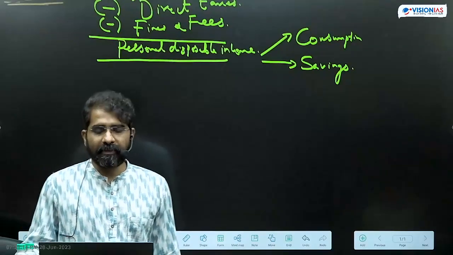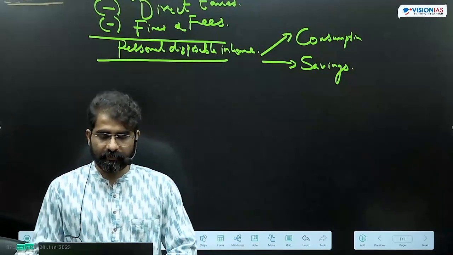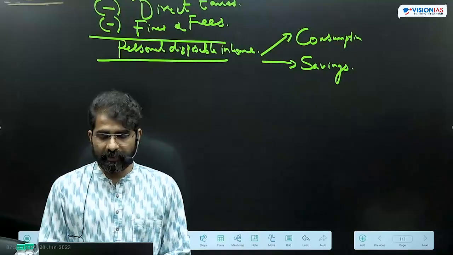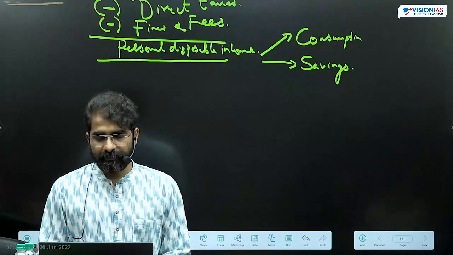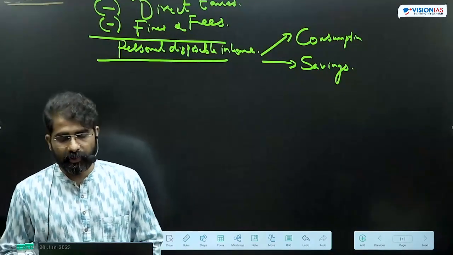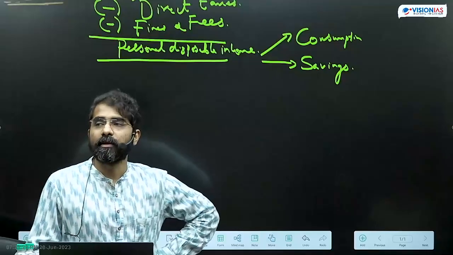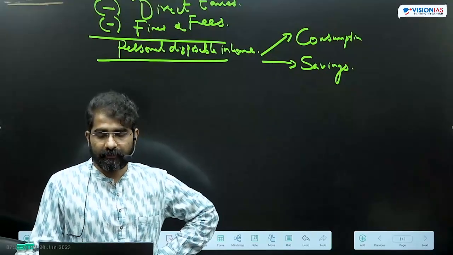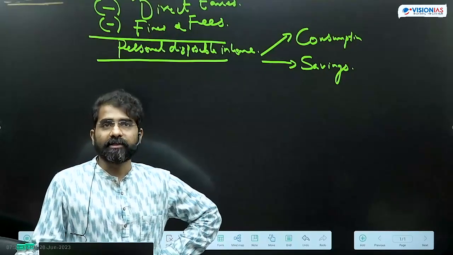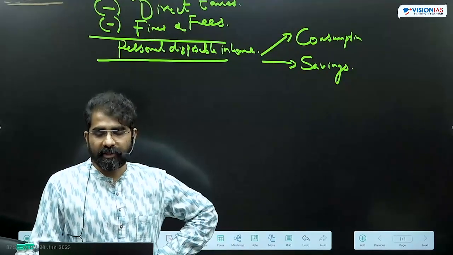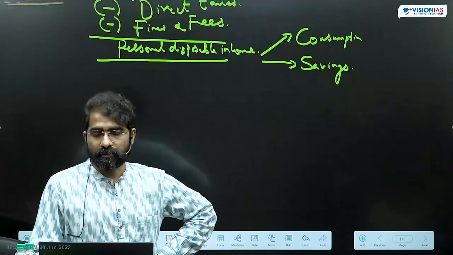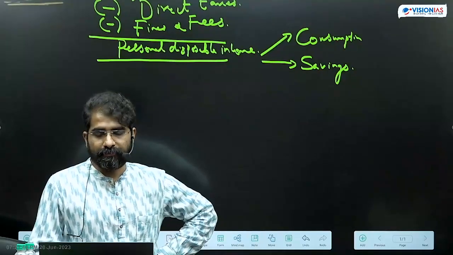The PPP method compares economic productivity and the standard of living between countries.